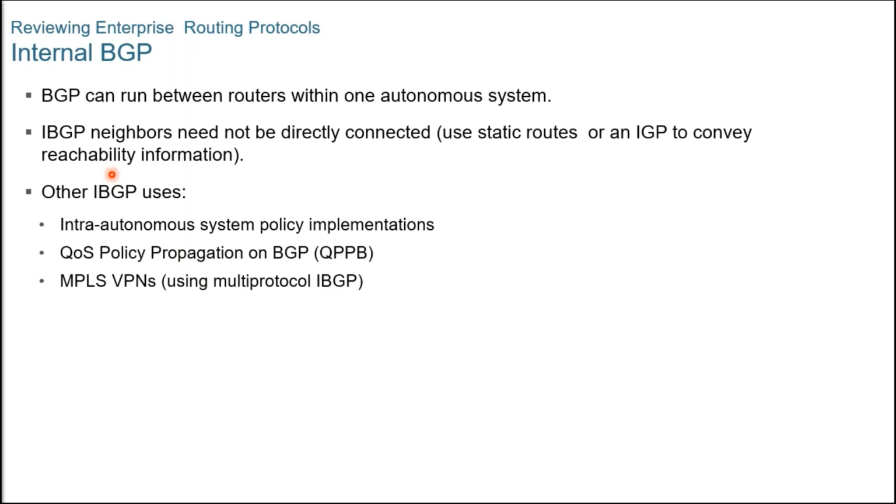As long as they can reach each other, routers that run IBGP do not have to be directly connected to each other. Static routes, or routes learned from an IGP running within the AS, provide reachability.